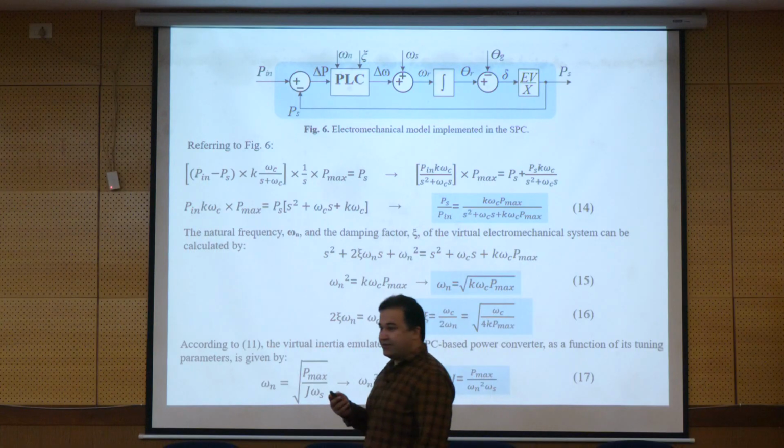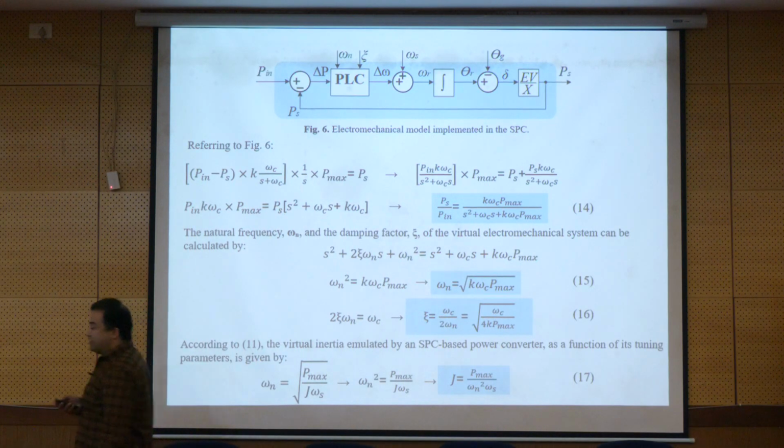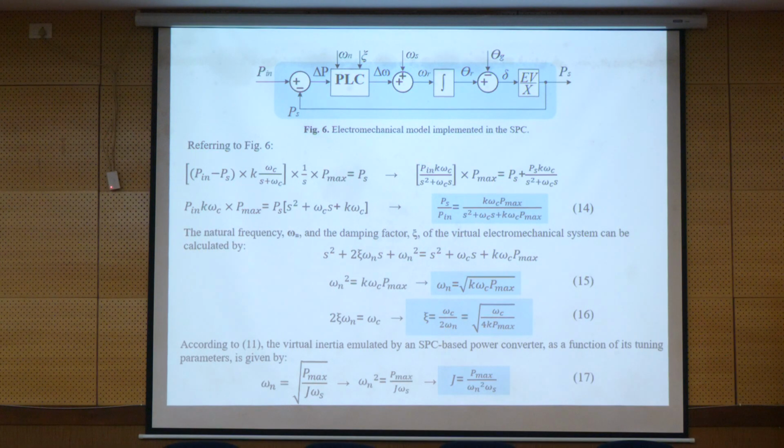Large disturbance? Yeah, of course. But what is the definition of large? Like a fault? Let me explain to you. What we are discussing here in the class is the benchmark, the basic model of the system. If later you are going to limit the current, then you should put a limiter in the control loop of the system.